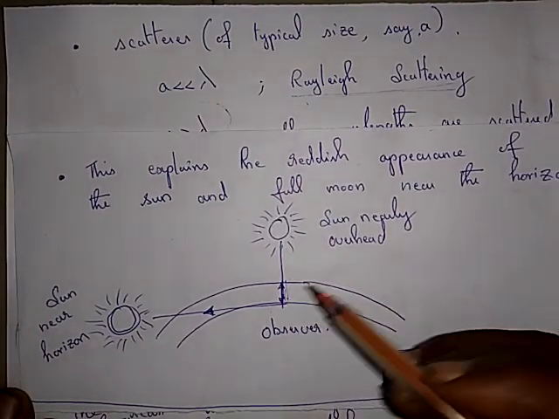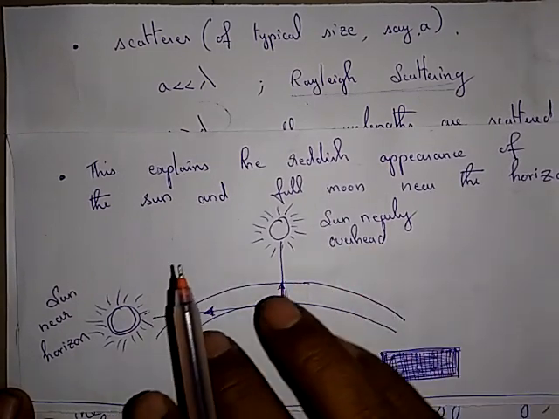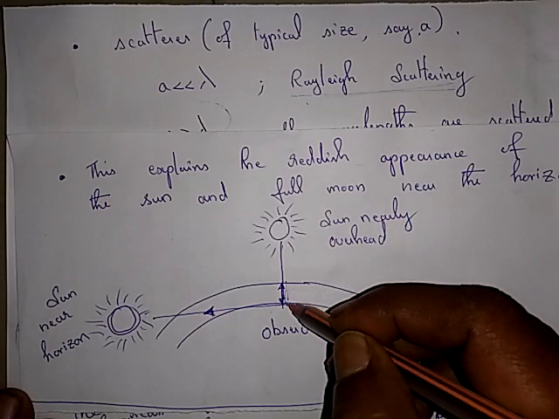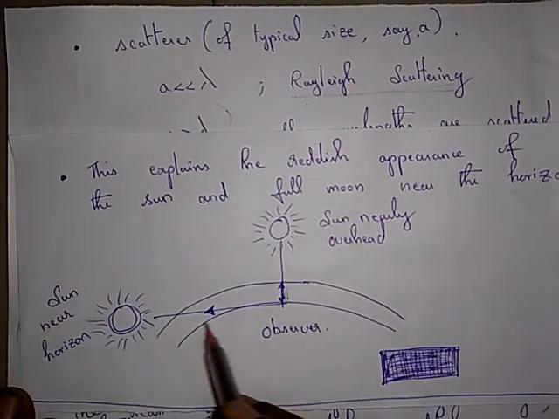Whereas during the noon, the sky is very clear. We see the blue wavelength. So this is what happens because of the distance the light travels through the atmosphere. Here it is very short, here it is more.